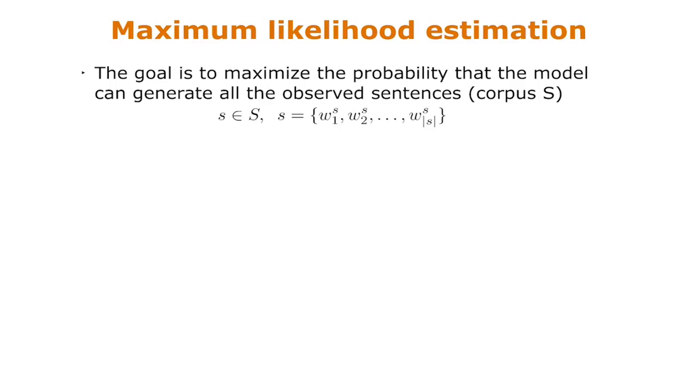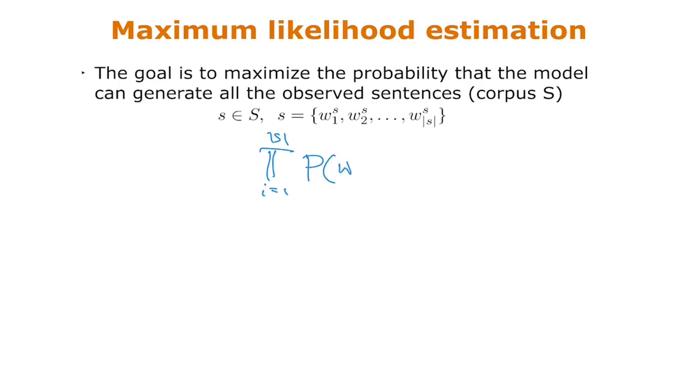In order to use our Markov model, we must estimate it from data. So imagine we have some large corpus, which is a collection of sentences, capital S, and each sentence is of varying length. We already know how to evaluate the probability of a single sentence. So for a particular sentence, small s, we take a product of the probabilities of generating each word in that sentence.